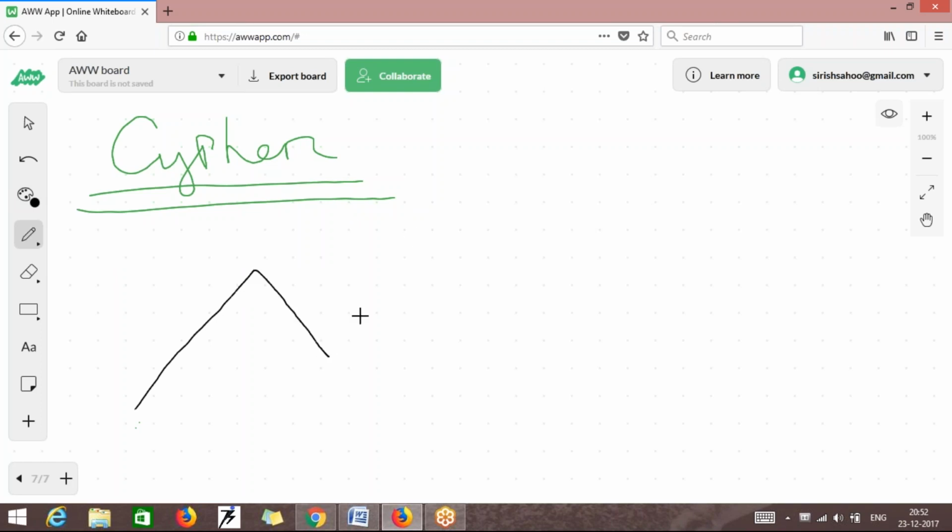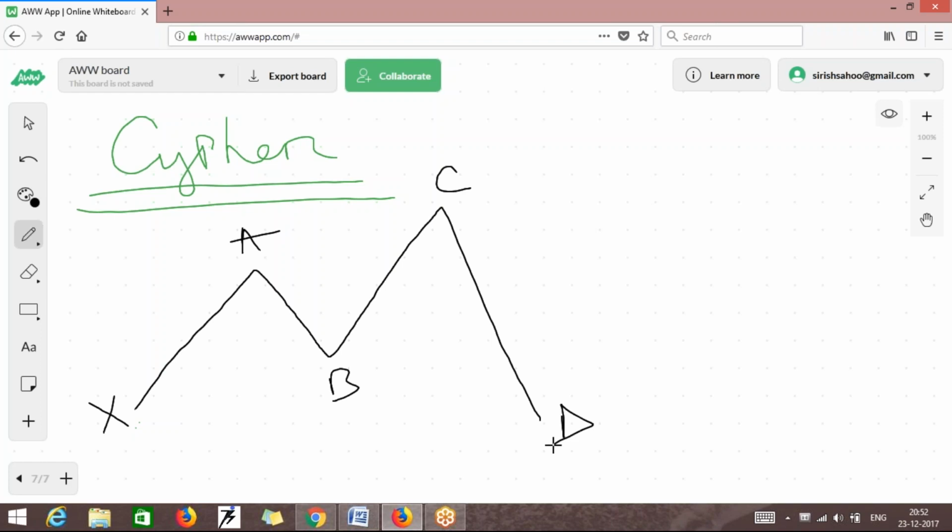This is X, this is A, this is B, this is C, and this is D. In the above two which we explained, this leg was almost similar, but here there is an extension of this leg. That is what differentiates Cypher from Bat and Gartley.